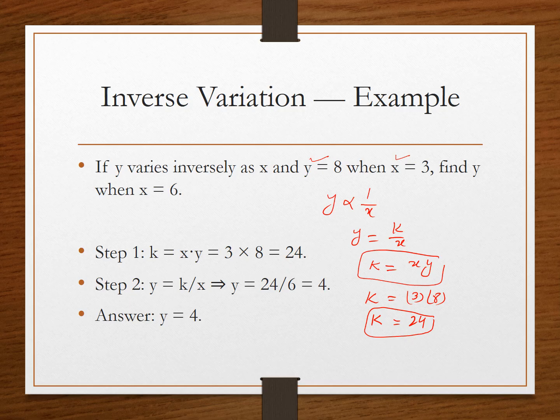Now, to find the value of y, we will use this relationship y = k/x. y is equal to, the value of k is 24 and the value of x is 6. So after simplification, we will get 4, and the value of y is 4. So in this way, we will solve the questions that are relevant to inverse variation.